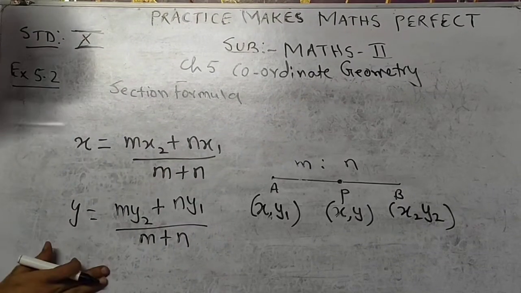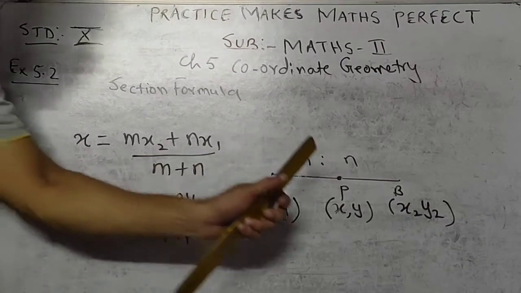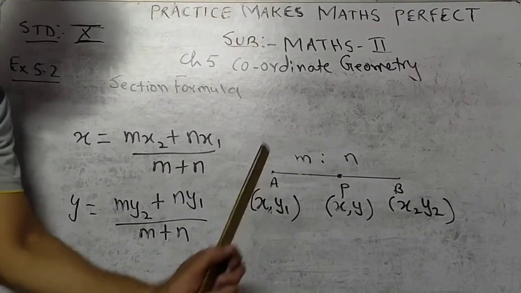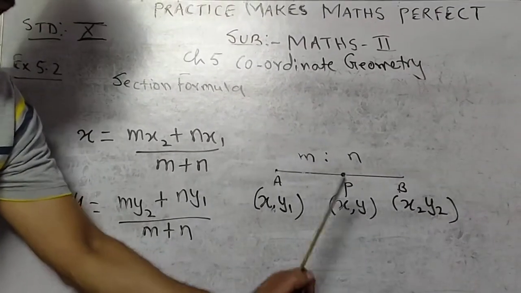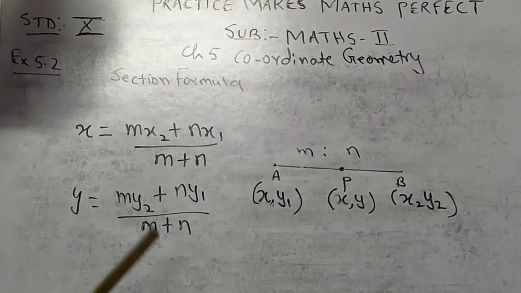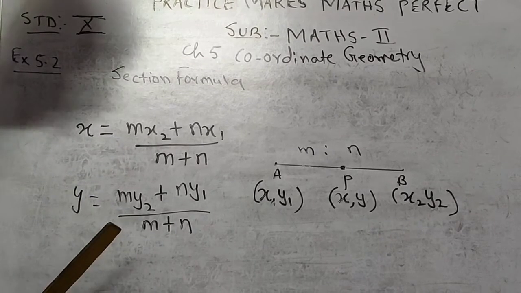With the help of this, you can find out the coordinate of y. So very easily you can get the coordinate of P, x, y. Is that clear? So this is called section formula. This is the first basic concept.